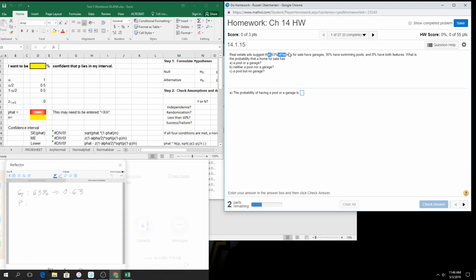Pools. We got 30%, or we could write it as 0.3. And we have both. It's 8% or 0.08.